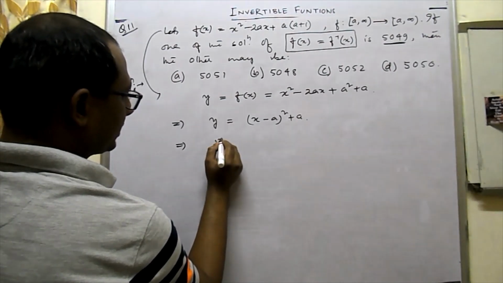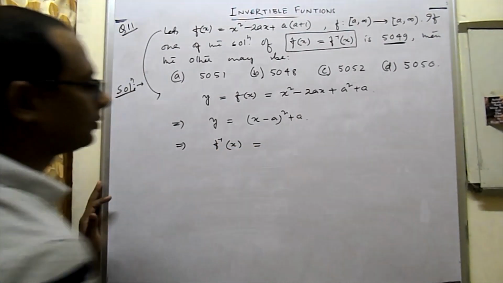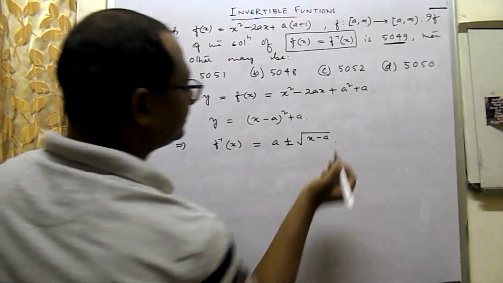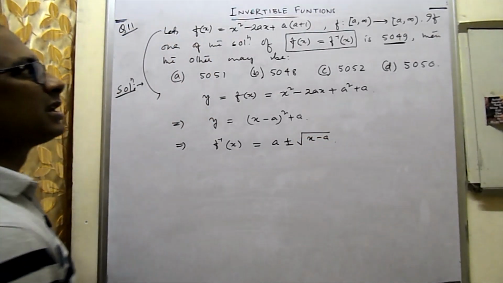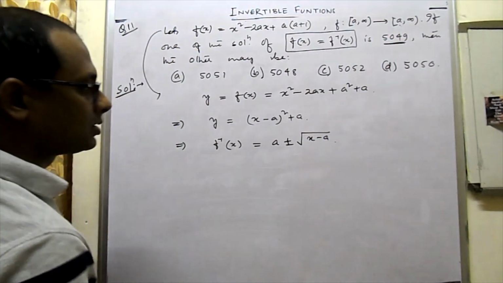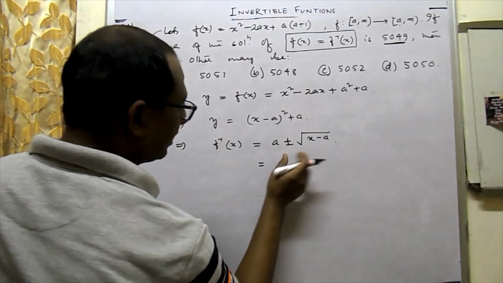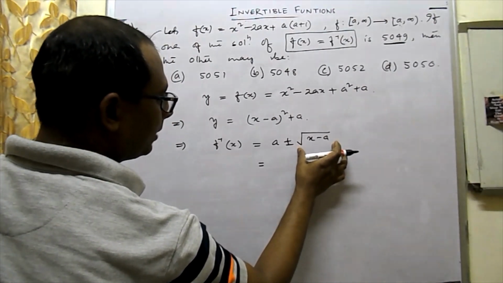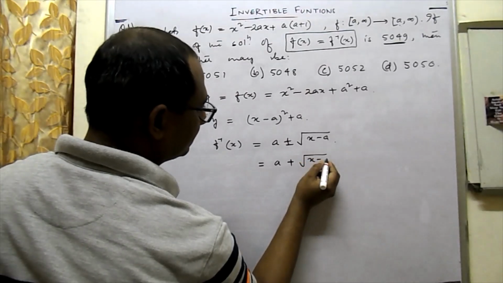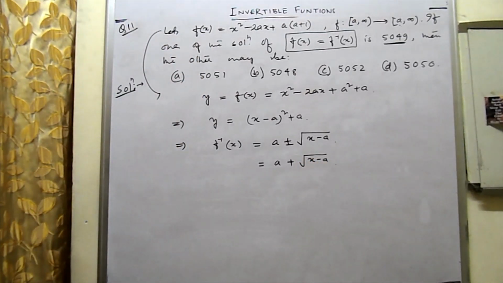So f inverse of x will be plus minus root over x minus a. Now it is given that domain and codomain both are starting with a, so the negative sign will not have any impact. So we'll be going for the positive value. F inverse of x is this.